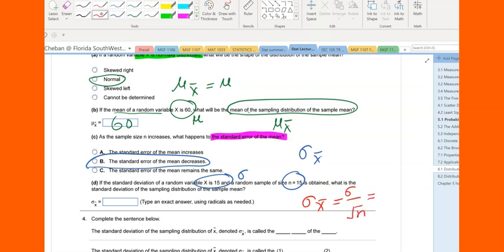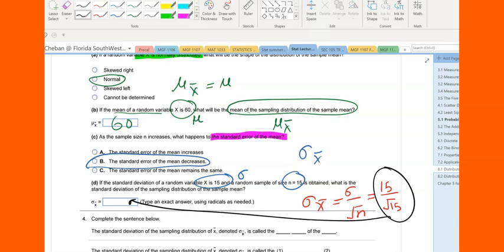Sigma is 15, and square root of n is also 15, so 15 over square root of 15. Don't do any simplification. Write this answer in the box, because the question says type the exact answer using radicals as needed. Therefore you have to type the exact answer, 15 over square root of 15, without using a calculator.